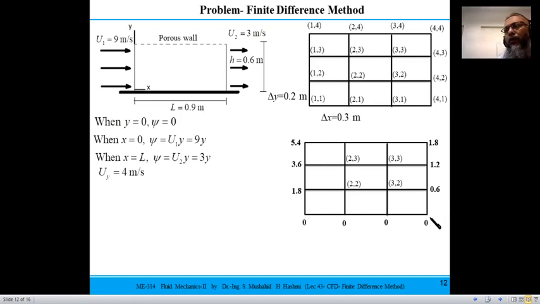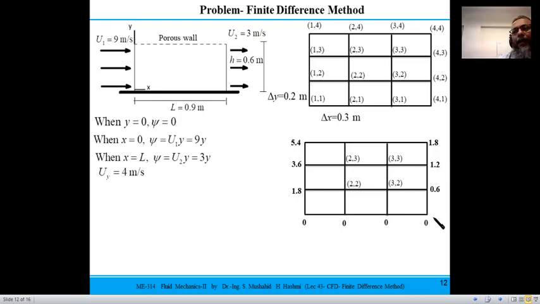Similarly, you can work out the value of the stream function when x equals 0.9 meter. So when x is 0.9 meter or L, then your stream function is 3 times y. So when y is 0.2, 3 times 0.2 would be 0.6, 3 times 0.4 would be 1.2, and 3 times 0.6 would be 1.8.